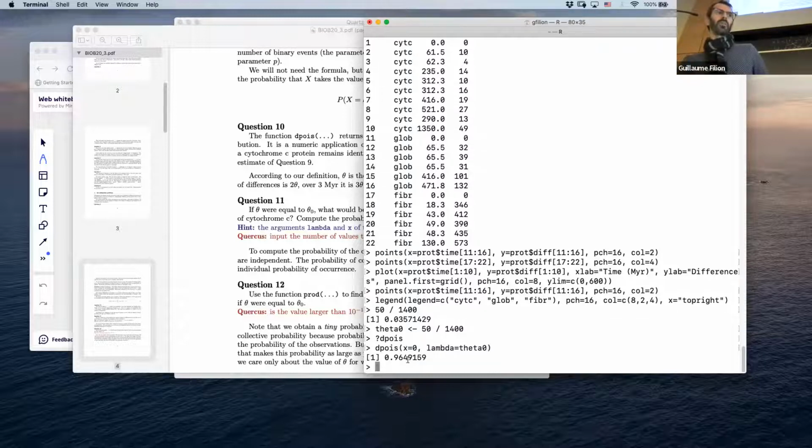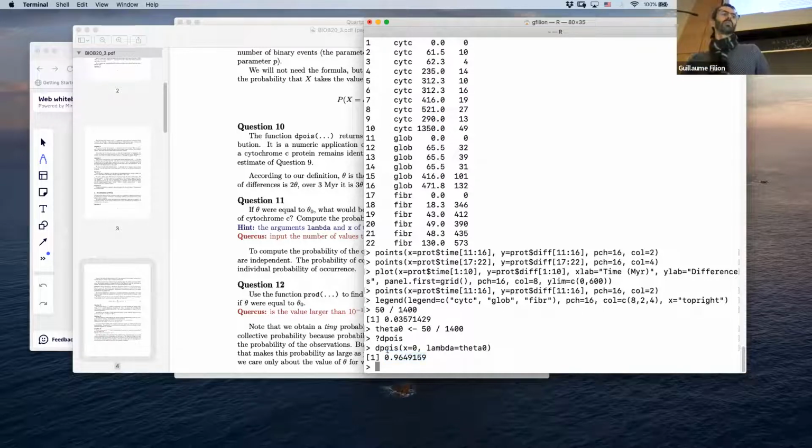And so that gives us a probability of 96.5%. So with my extremely gross approximation of the evolution speed of cytochrome C, I still get an order of magnitude that tells me that within 1 million years, there's a 96, 97% chance that cytochrome C doesn't move at all. It will take more than 1 million years to even start to be a little bit different. That's how slow it is.